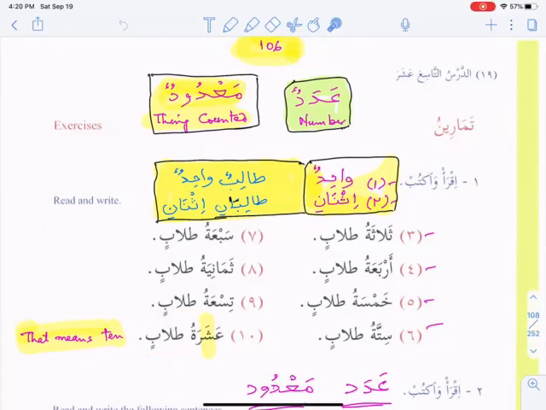tullabin. Now, if I change tullabin into talibatun, the plural of talib is tullab, and the feminine is talibatun. So I will say Salasu, salasu talibatin.